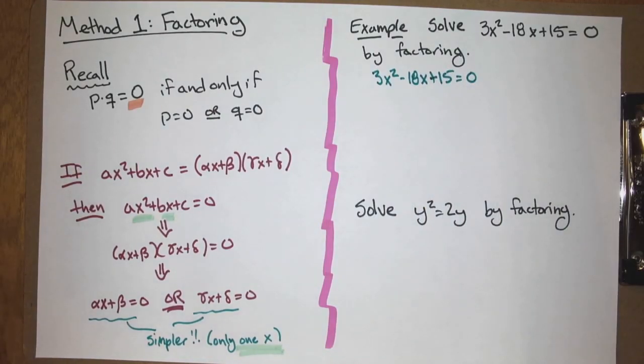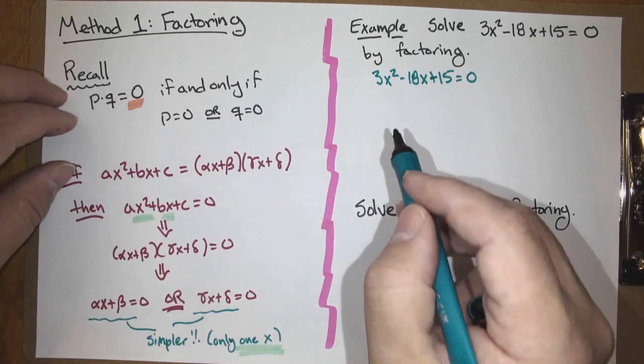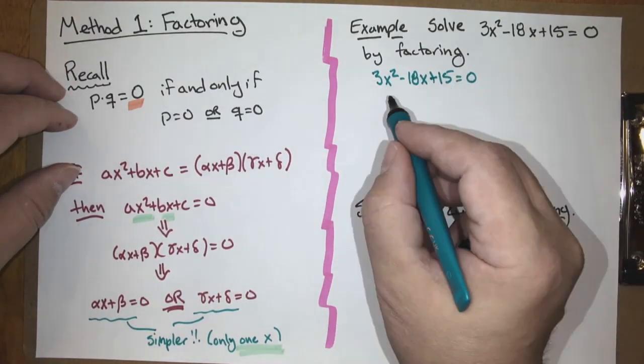So think of our game plan. We're probably going to factor because it tells us to factor. That's a pretty good clue. It's a great clue even. Is there anything we can do to start making things simpler? Divide by 3. Why not? Everything has a factor of 3.